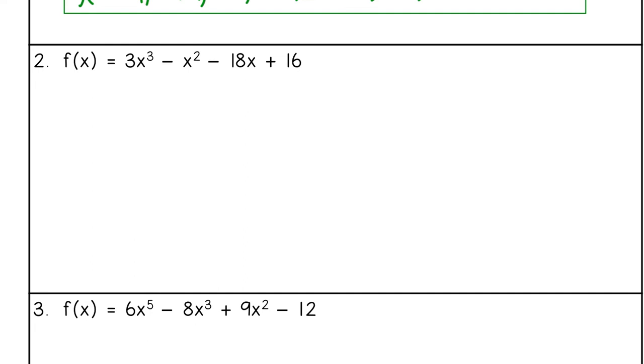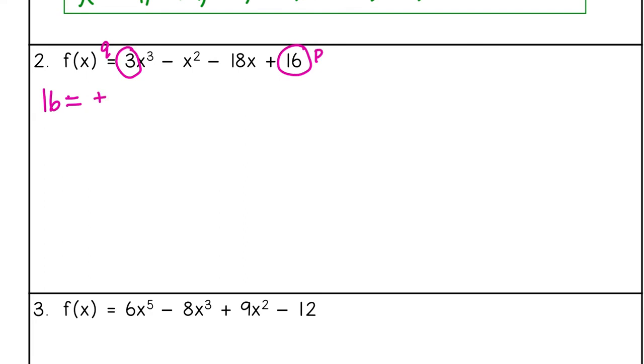So we're going to list all the possibles. We could do all the factors of 16, because remember that's P, divided by all the factors of 3, because that's Q. So let's start with 16. So everything is always plus or minus, because it could be positive and it could be negative.